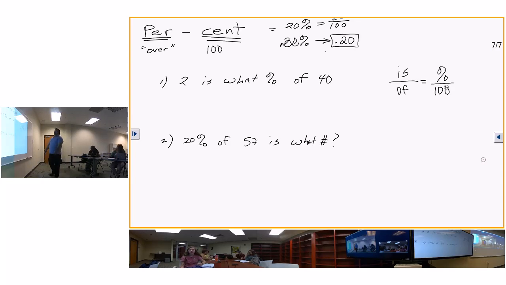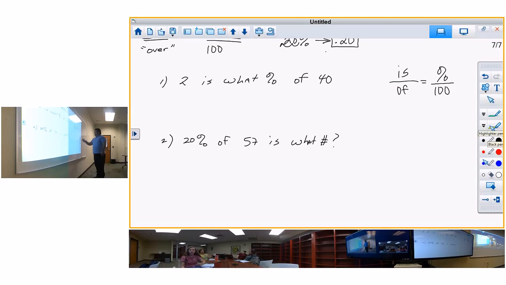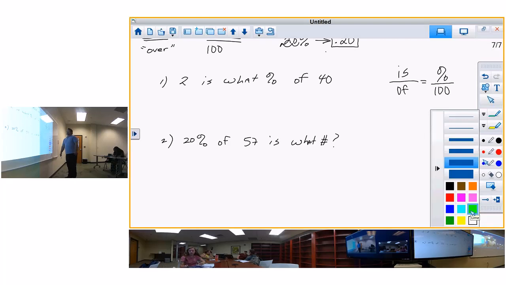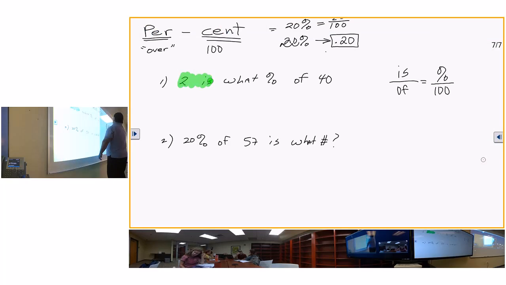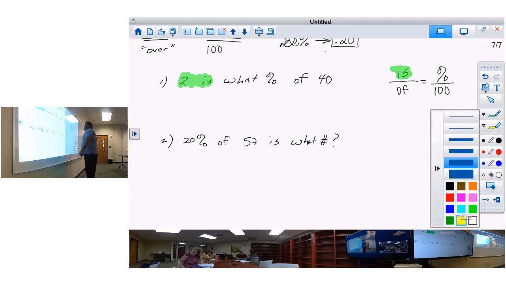So what do you do? You plug and chug. What do you mean plug and chug? You go to your sentence, and let's use the first one. 2 is, so that's going to go right here. What percent, we'll color that Amarillo.